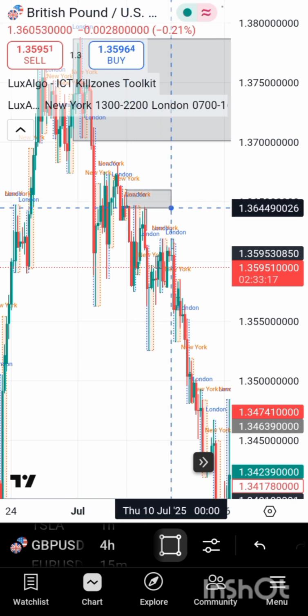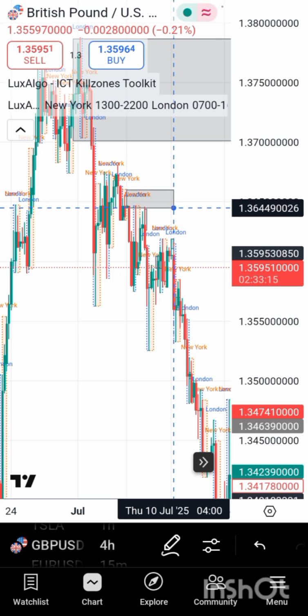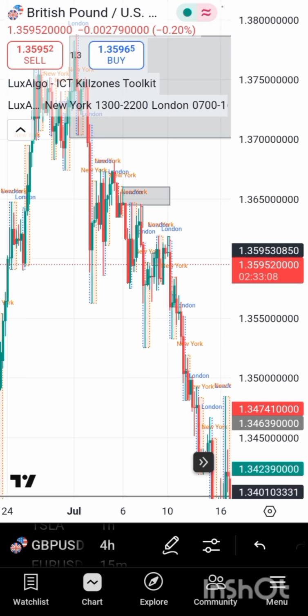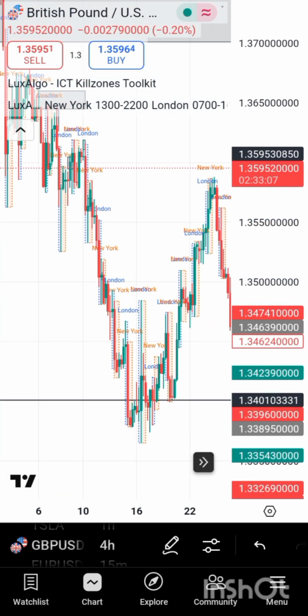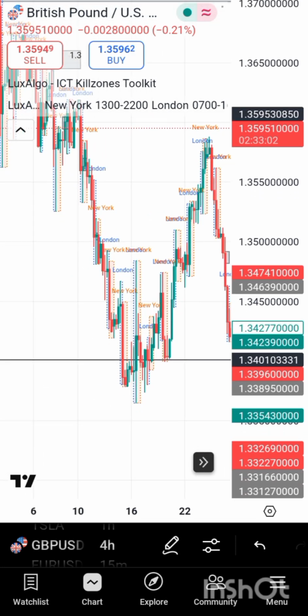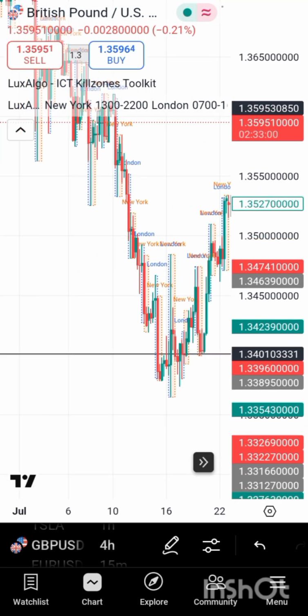You can see when price came back to that zone, we had a clear drop. That's how easy it is to mark the supply and demand zones, and this is the best strategy that you can be using to milk the market.